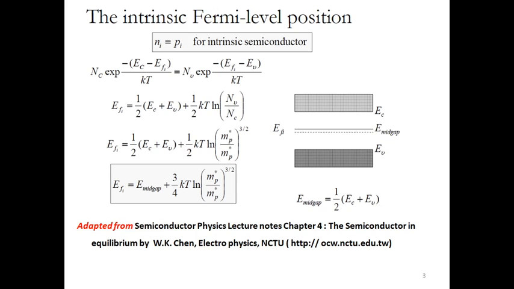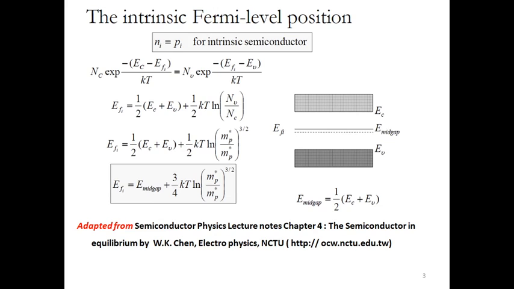We have already gone through this, but I am showing here the intrinsic Fermi position to get the law of mass action, because we know that in an intrinsic semiconductor the carrier concentration of electrons is equal to the carrier concentration of holes.